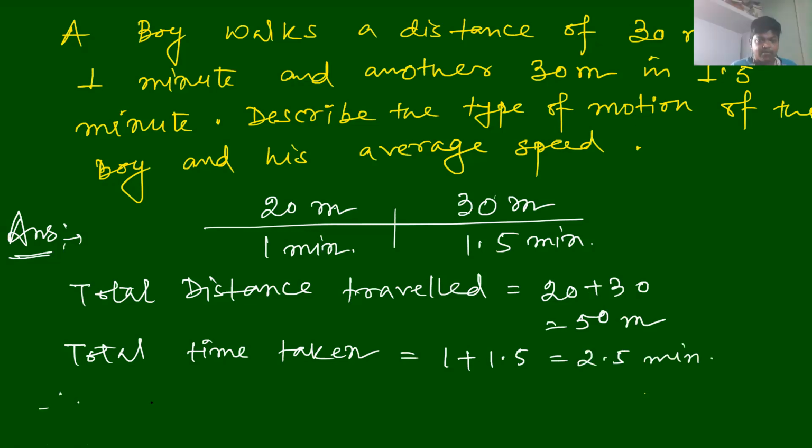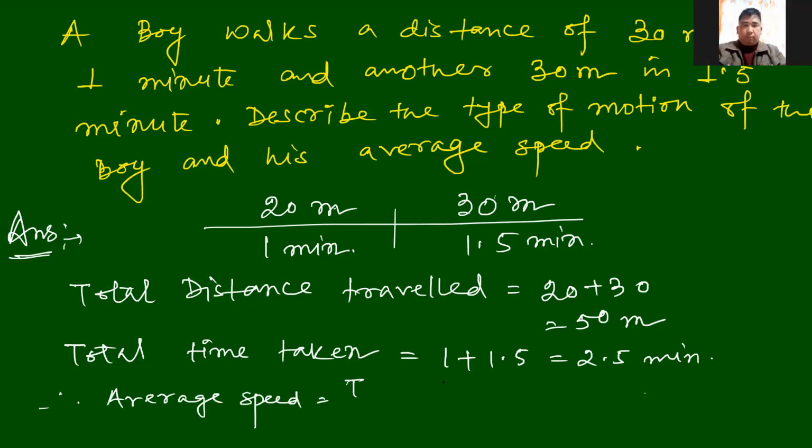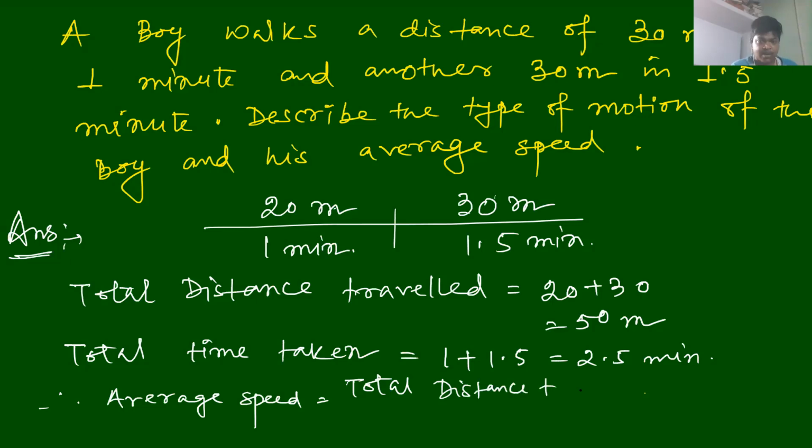And we know the formula of average speed, right? So average speed is equals to total distance traveled by the total time taken.